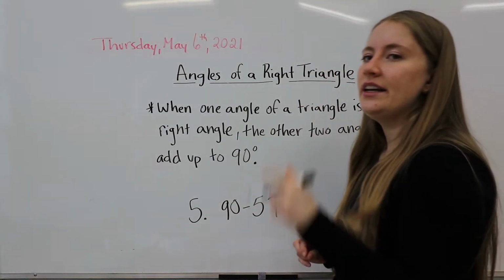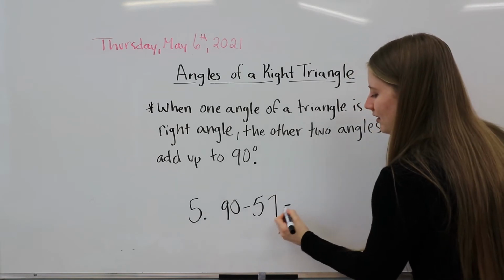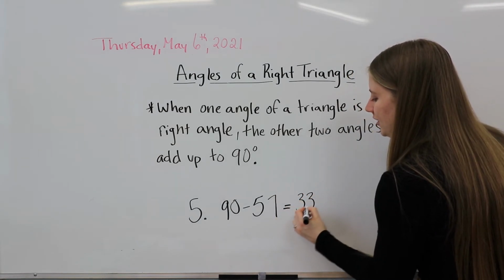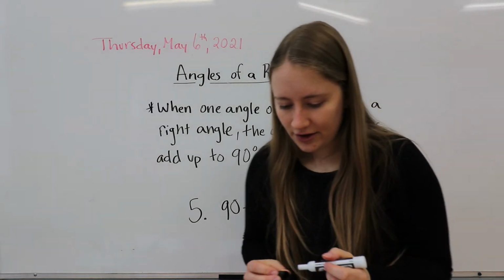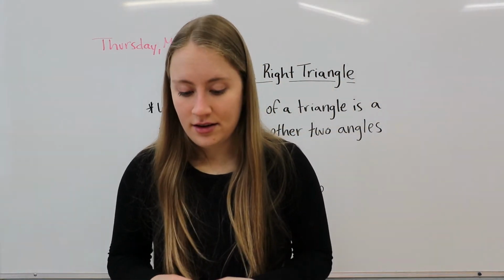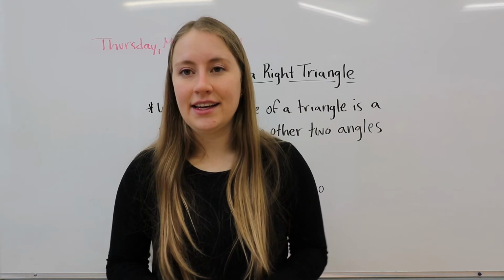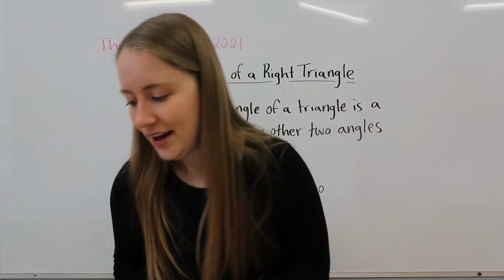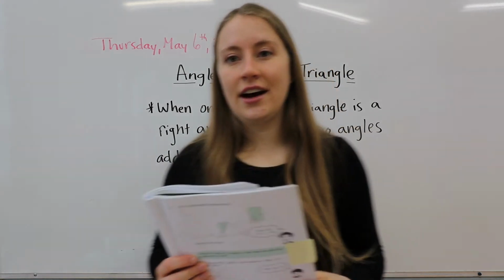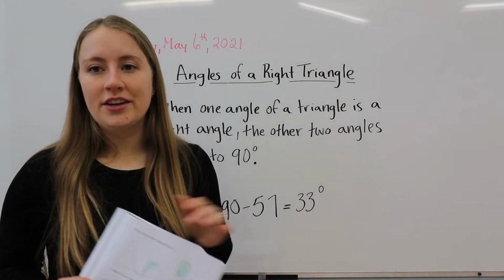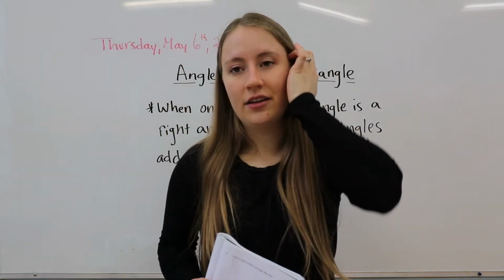Okay? Which is going to give us 33 degrees. Okay, so the third angle PRQ is 33 degrees. Okay, so that is how you find the angles when you're given a right angle triangle.